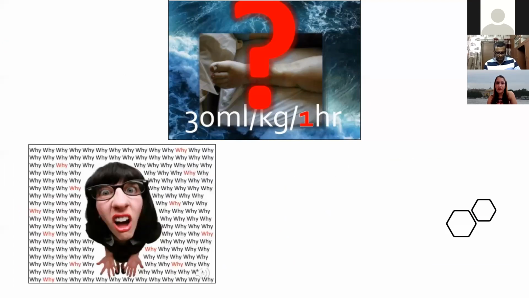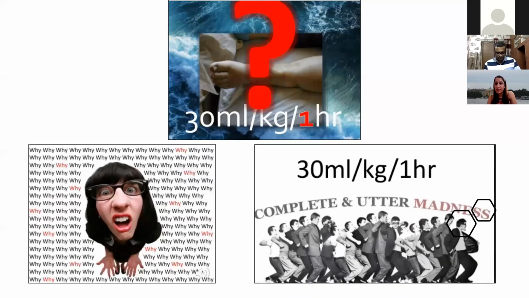So do we still think that 30 mils per kg to be given over 1 hour is okay? Why do we want to give it? I think we should say that this is complete and utter madness.